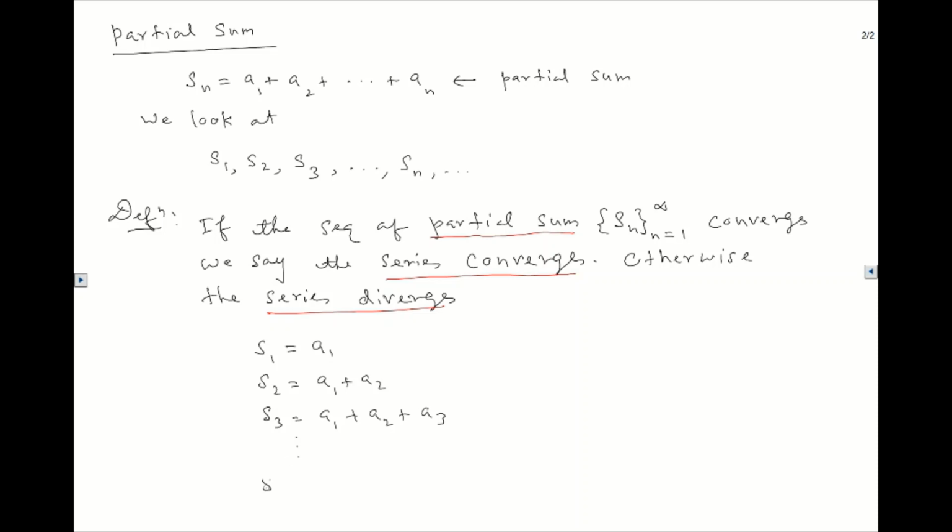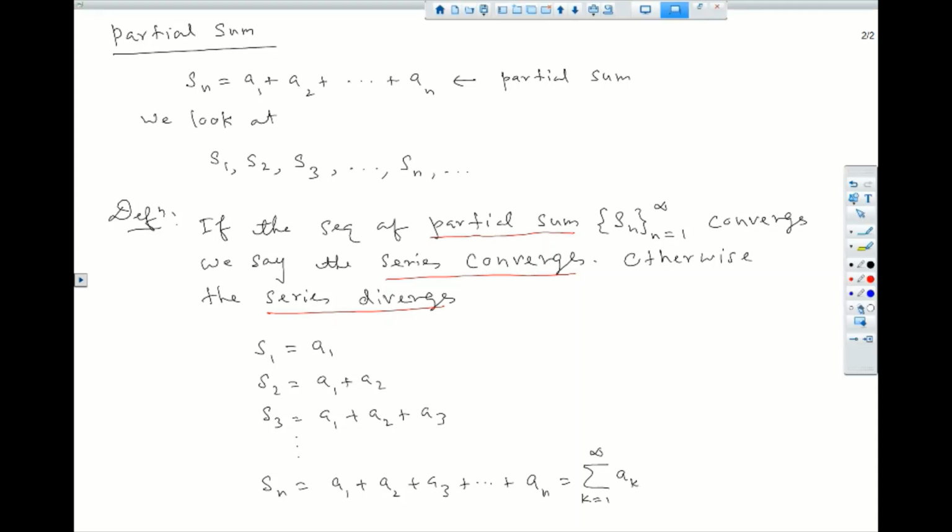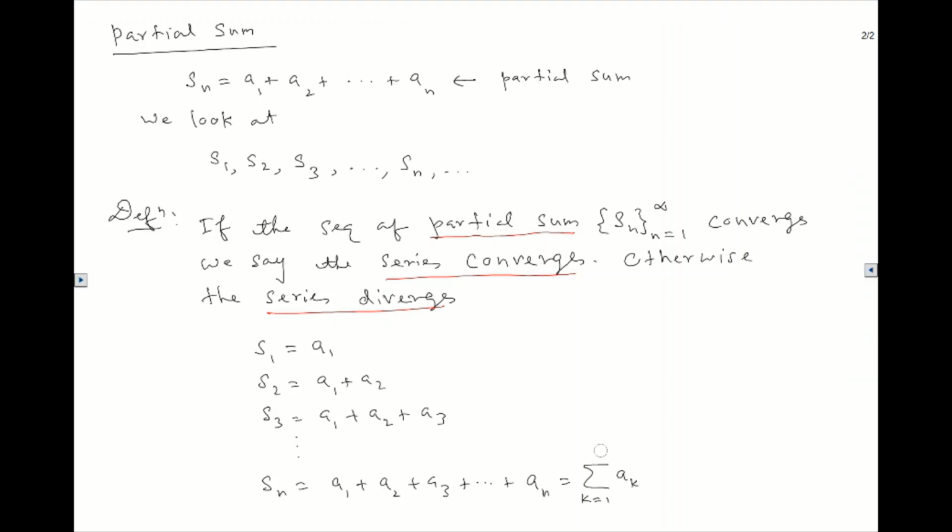So Sn is a1 plus a2 plus a3 up to an, which is sigma k going from 1 to n of ak.